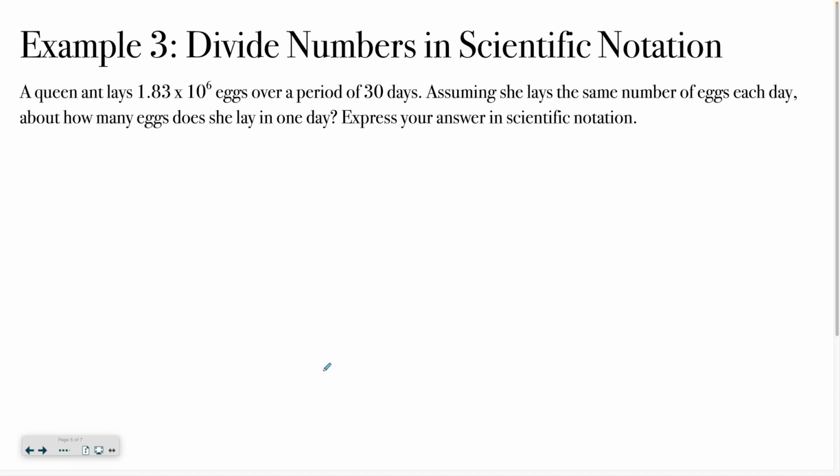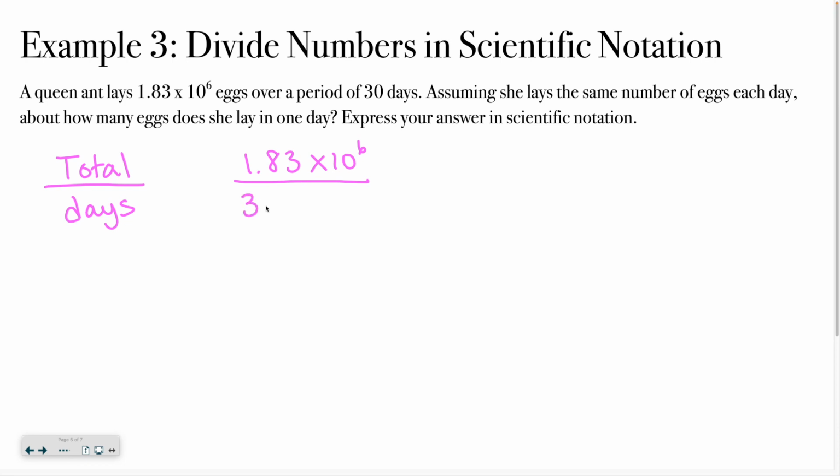Okay, so in scientific notation, I know that this is my total, right? I'm going to take my total, which is 1.83 times 10 to the 6th, and I am going to divide it by the days here, because then that would tell me how many per day.